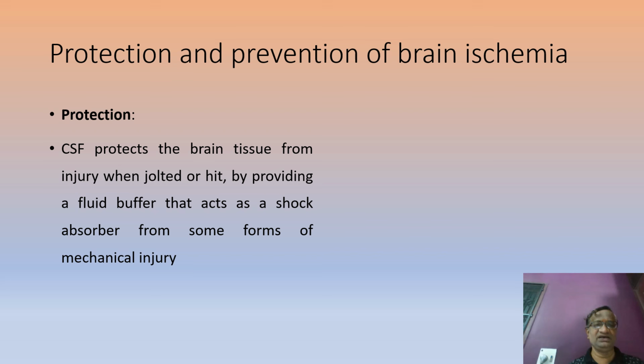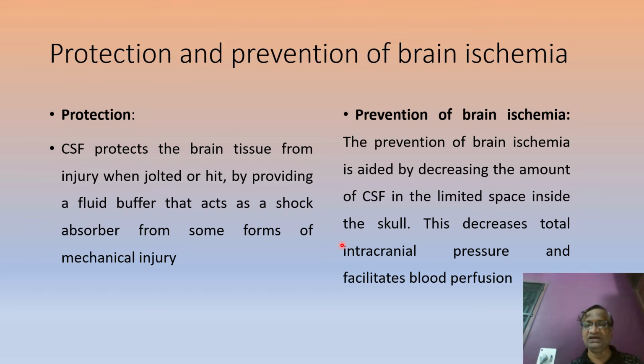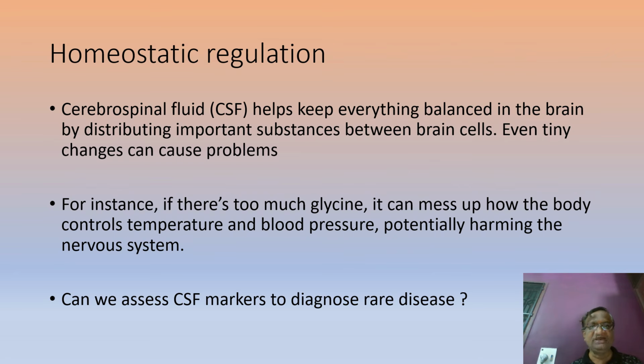Protection: when jolted by a hit, it acts as a shock absorber. And prevention of ischemia. Now this decreases. The prevention is aided by CSF pressure, limited space. That is the Monroe-Kelly doctrine. I will come back here. So buoyancy, protection, prevention of brain ischemia, homeostatic regulation.